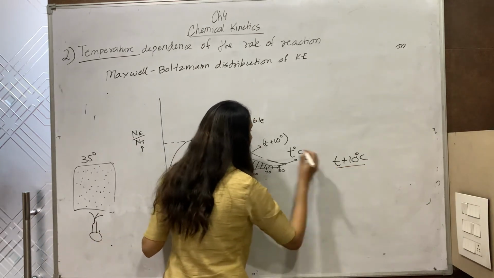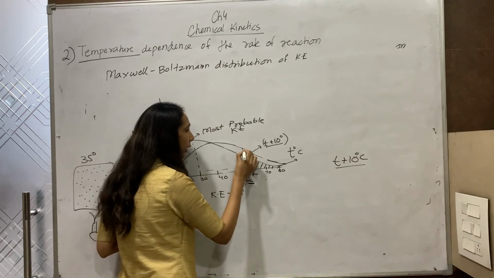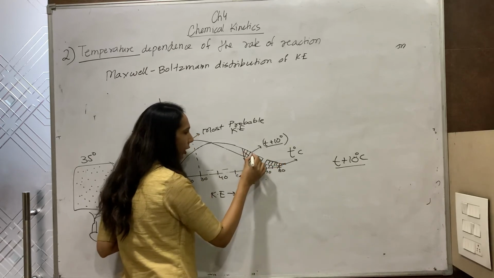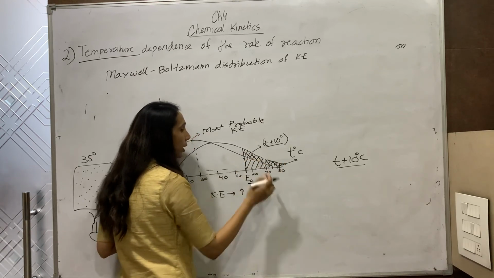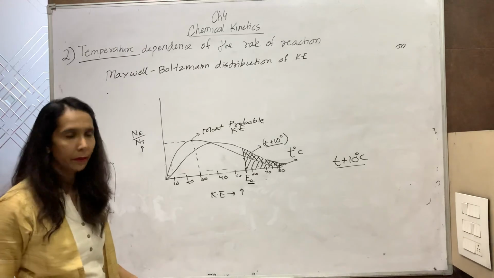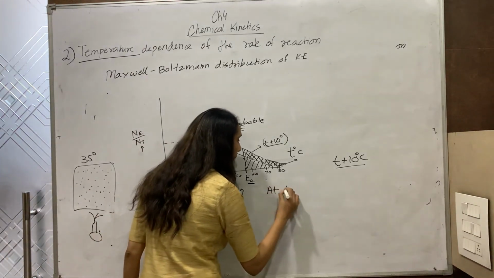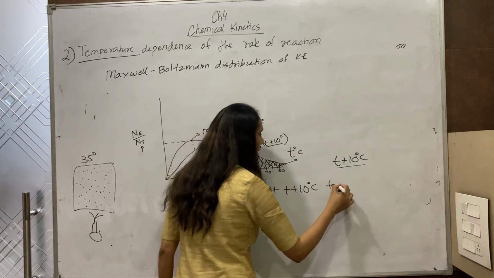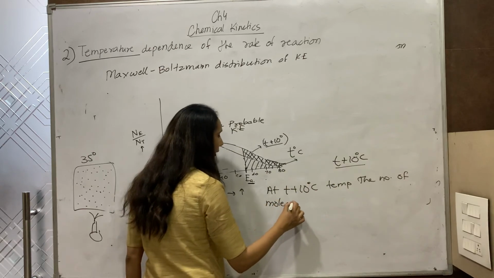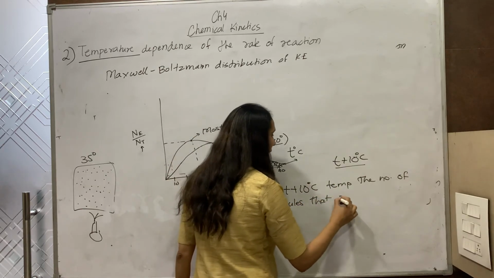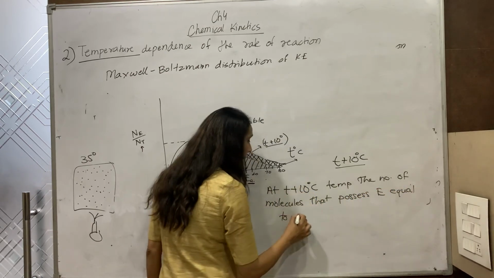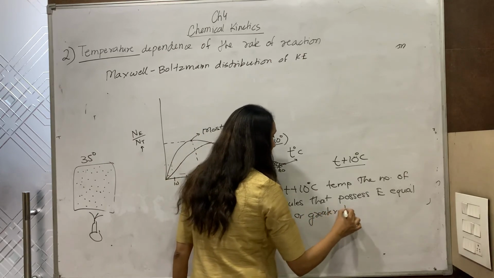But if the temperature is increased to T plus 10 degrees, these molecules will also possess energy equal to or greater than activation energy. That means the number of molecules which possess energy equal to or greater than activation energy has doubled.